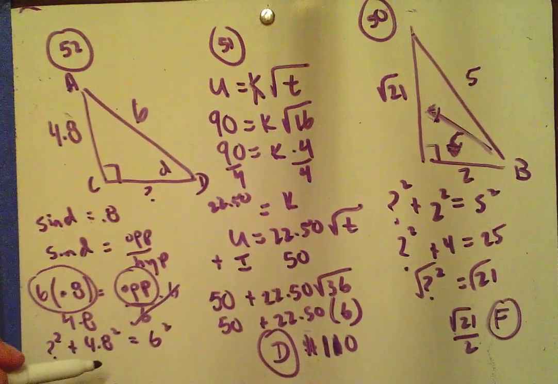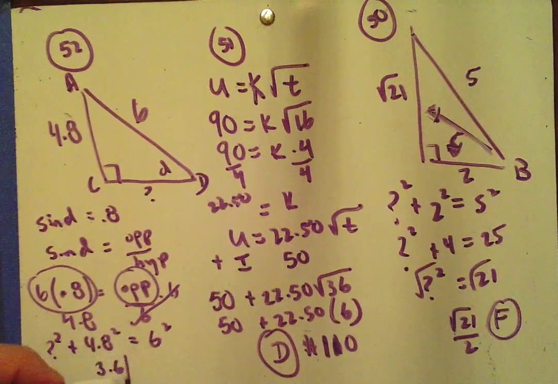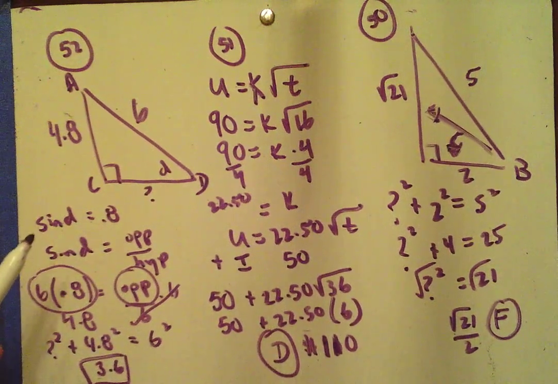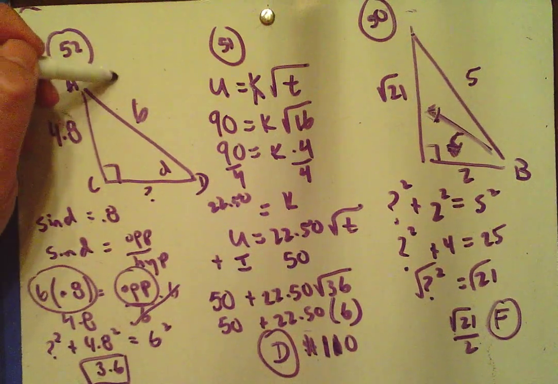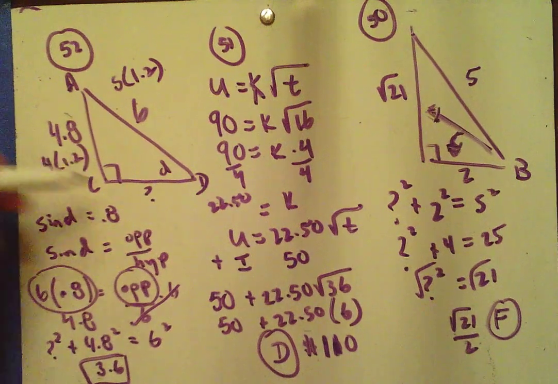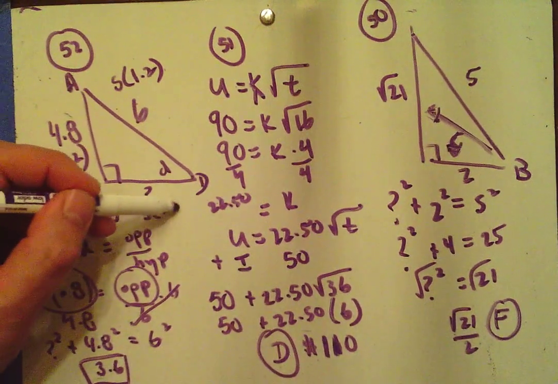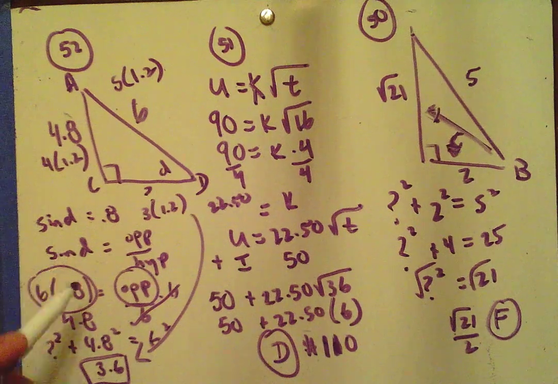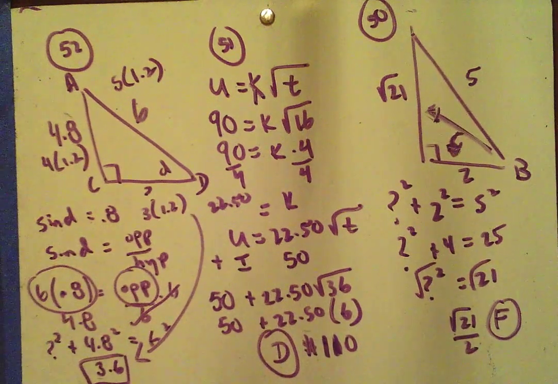And that ends up being 3.6 for CD. You know, this is also a 3, 4, 5 right triangle. This is 5 times 1.2 and 4 times 1.2. So this one would be 3 times 1.2 or 3.6. There's also a tricky way to figure this out, but this seemed like the fastest one to me if you didn't recognize the Pythagorean triple patterns.